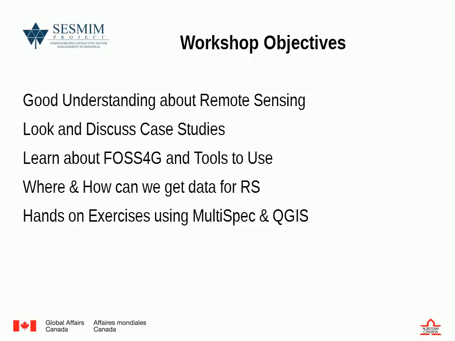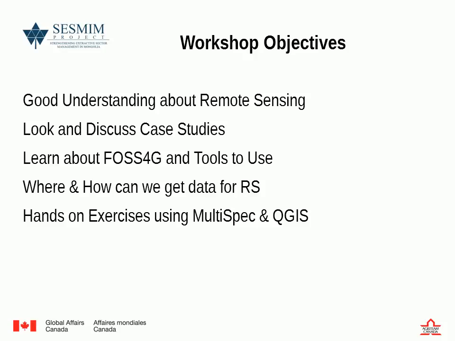And then we're going to learn about the FOSS4G tools that we will be using. FOSS4G stands for Free and Open Source Software for Geospatial. Until now, I think in Mongolia, they use the Mongolian version of ArcGIS, the Mongolian version of Oracle, the Mongolian version of other software that are not licensed.